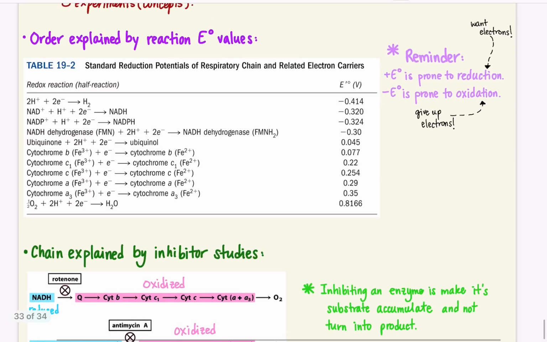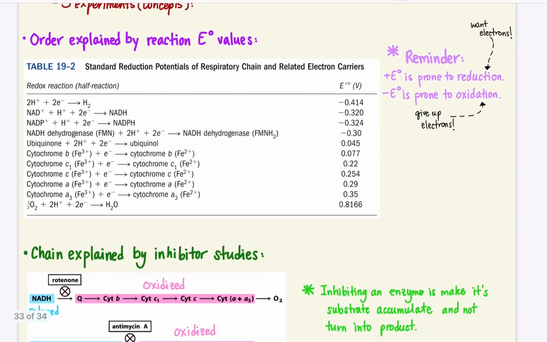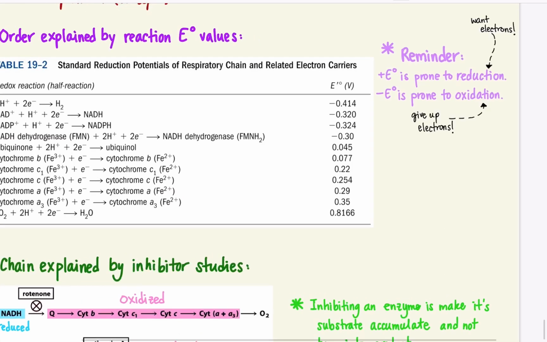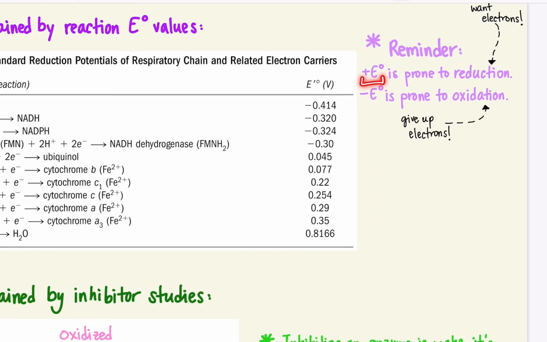So the first experiment or concept that we talked about in class is the order of the ETC being explained by half-cell values, right? E naught. If you remember, the more positive the E naught is, the more prone it is to getting reduced. And the more negative the E naught is, the more prone it is to getting oxidized.